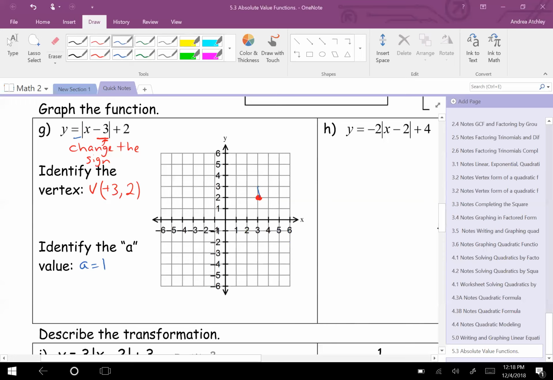So I have to move up 1 and right 1, up 1 and right 1, up 1 and right 1. But I also have to do it on the left side, because after 3, all of those numbers are going to be flipped and become positive. So you have to go up 1, left 1, up 1, left 1, up 1, left 1.